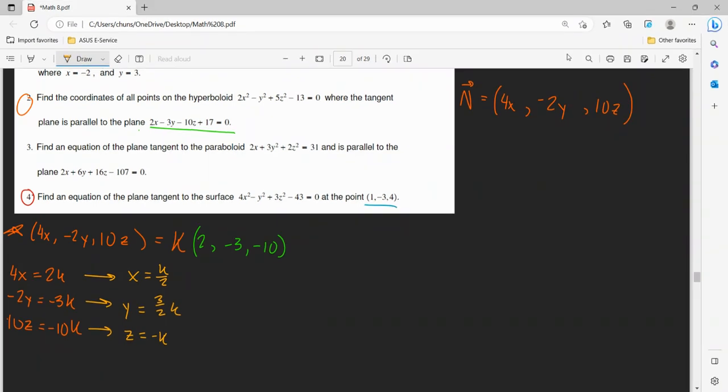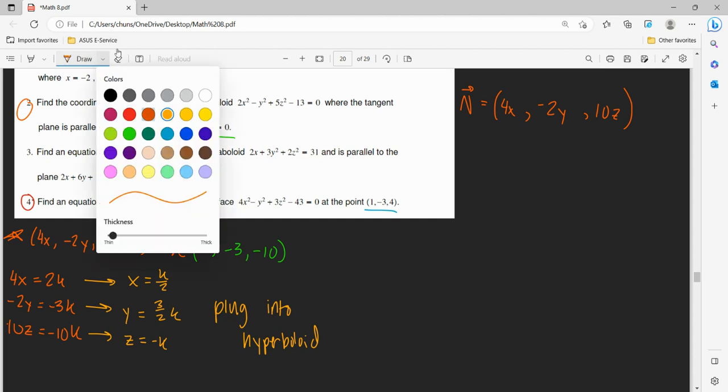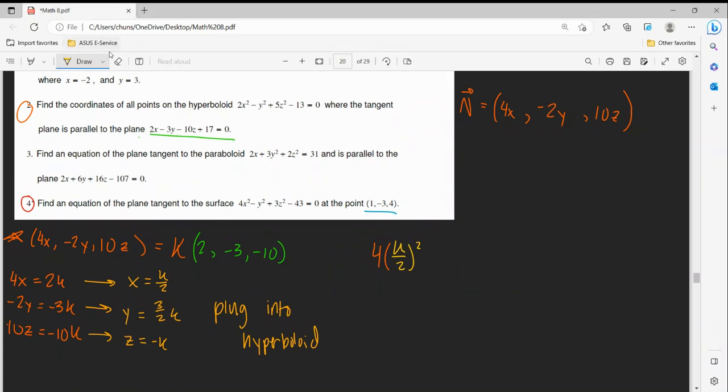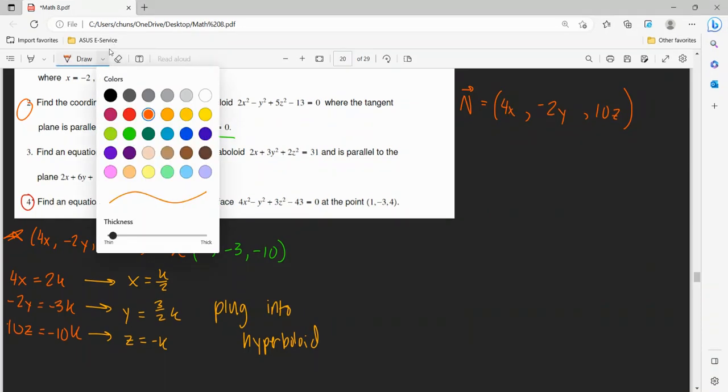So now that we've found our x, y, and z terms in terms of k, we're going to plug into our hyperboloid equation. Oh, sorry, this goes into our original equation, not our normal. So our original equation was here.